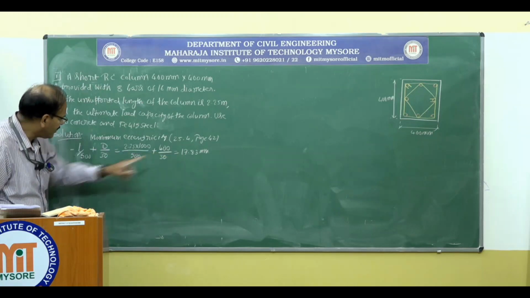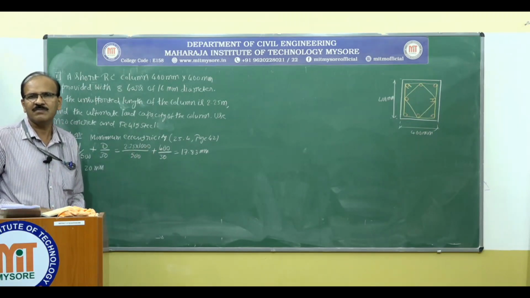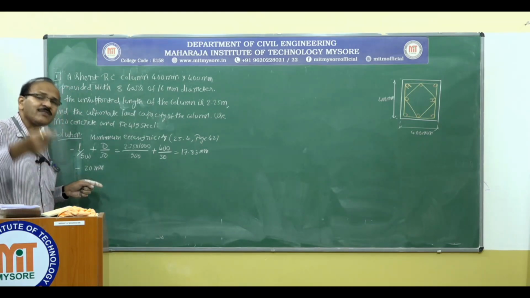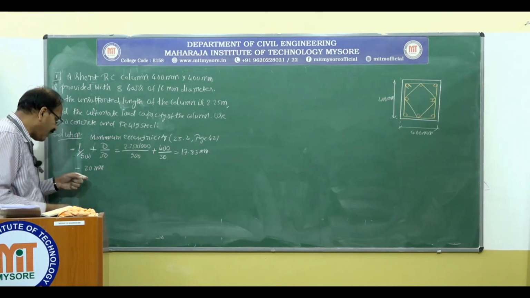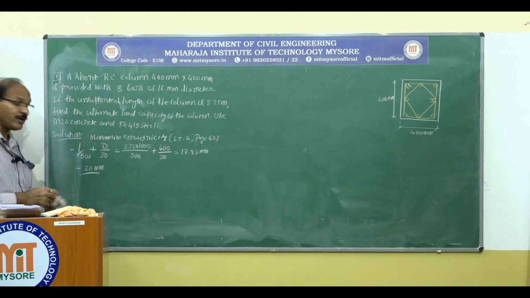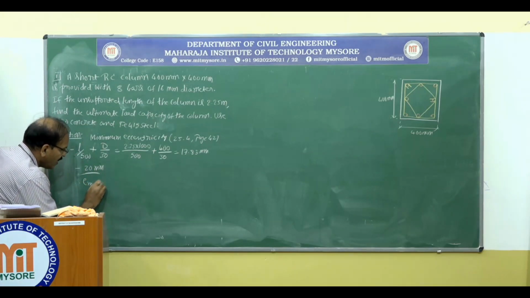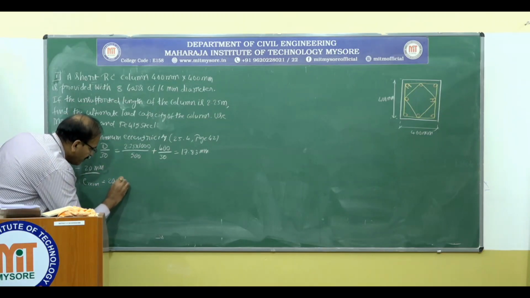So take higher of these 2 values as the minimum eccentricity. So it is going to be 20 millimeter. Therefore, e minimum is 20 mm.